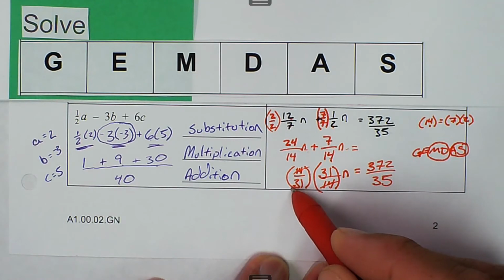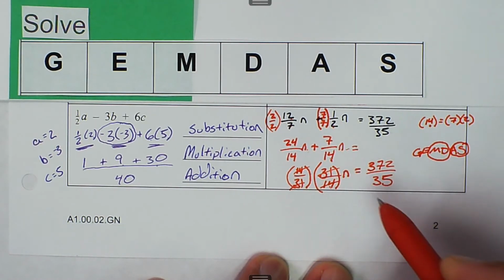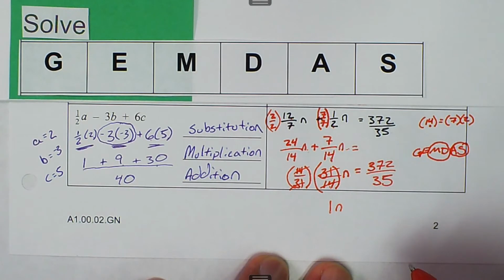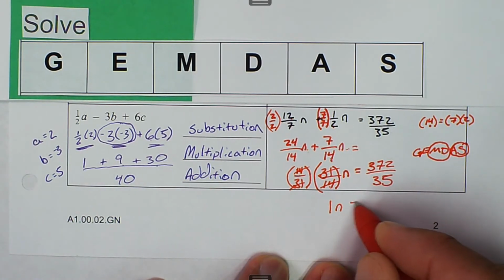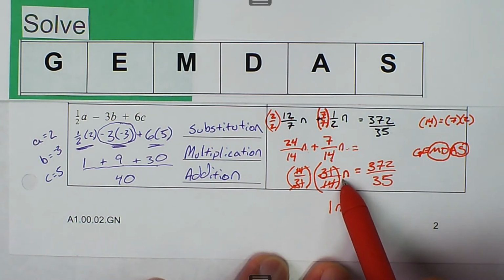And our 31 is in the denominator, and our 31 is in the numerator, that will cancel. And what that ends up being is 1 n. So what did we actually multiply to the left side? We multiplied the reciprocal of what was in front of the n.